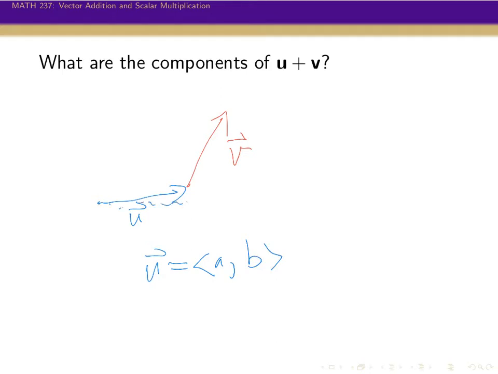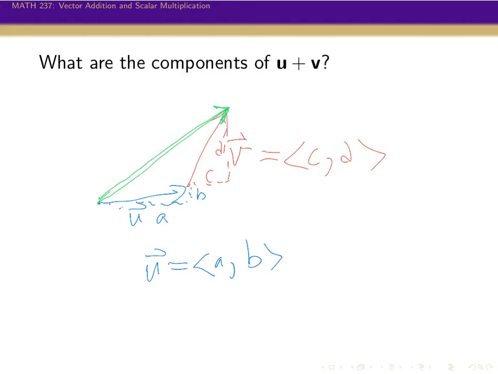That means that U takes you to the right a, up b, and V has components c, d. So you go to the right c, go up d, and then the question is, what would be the components of the sum of the two?